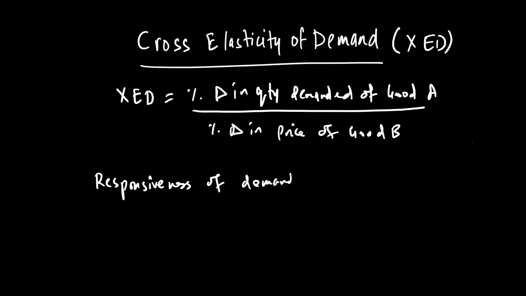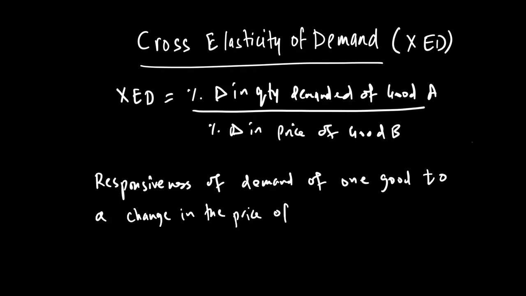And therefore we define XED as the responsiveness of demand of one good to a change in the price of another good. So price of one good changes, and we're looking at demand for another good.